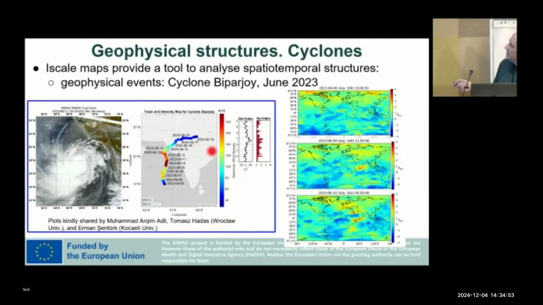I asked what the physics behind it is, because this is not gravity waves. Cyclones do produce gravity waves, mostly when they hit the Indian subcontinent or when they hit land. But in the middle of the ocean, if it's gravity waves, you don't see them in these maps, because these maps show the deviation of the electron content. A gravity wave just oscillates up and down, but you still have the same amount of electron content.